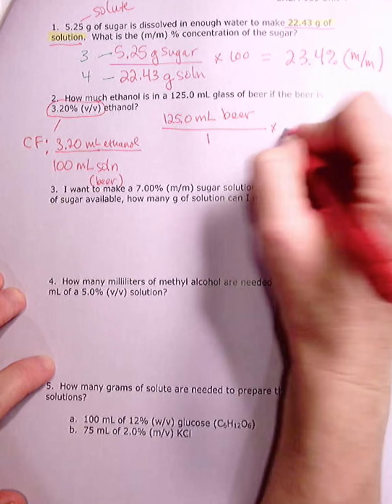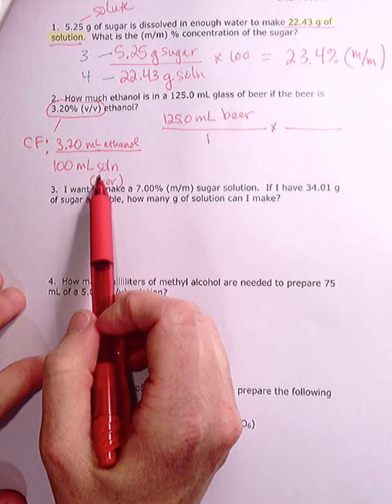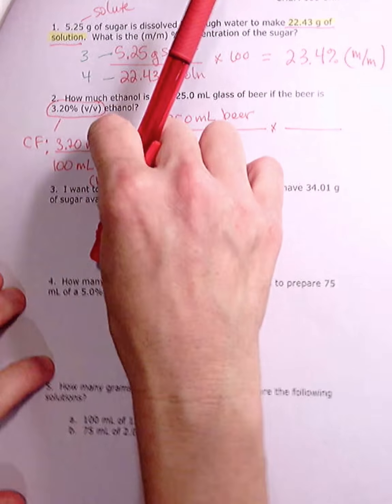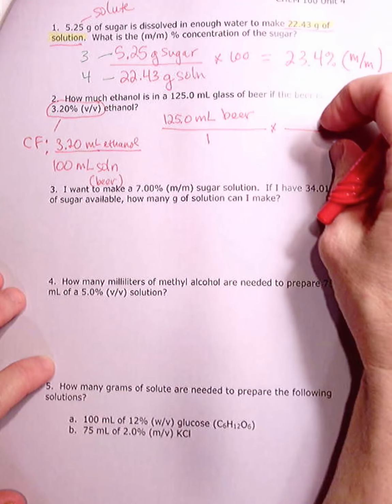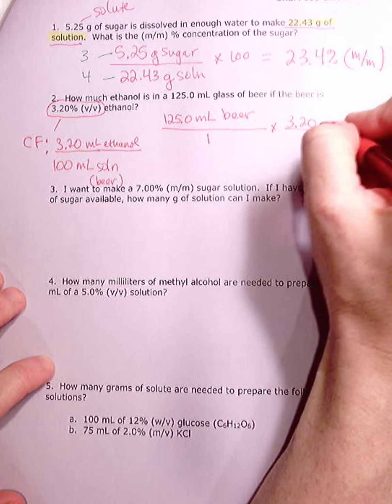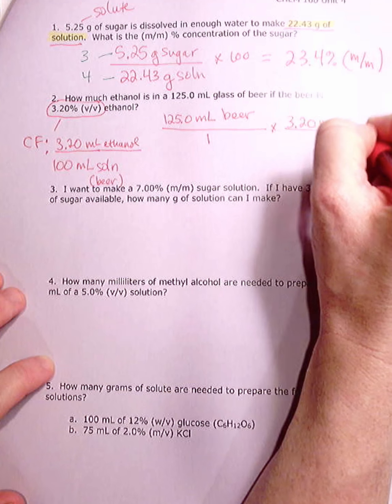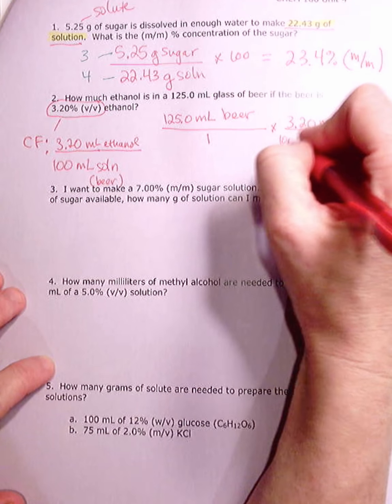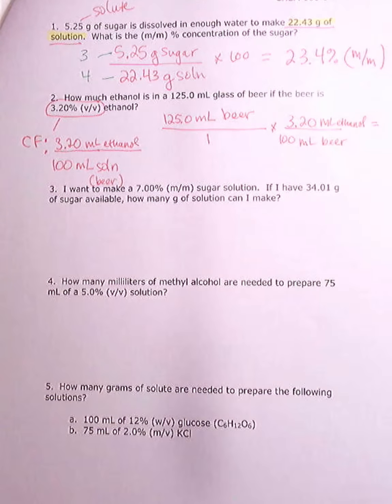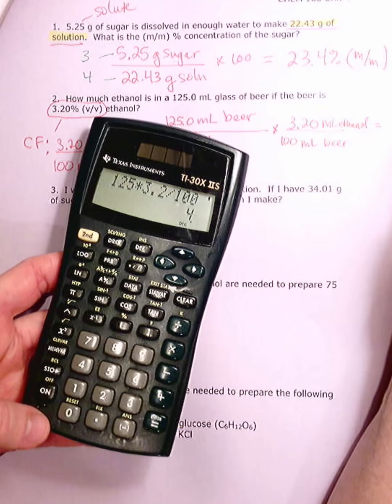Okay, that's my starting quantity. I put it over 1. Then I'm going to use my conversion factor. So I want the beer to cancel out. So I'm going to take this conversion factor and plug it in here. So then I get 3.20 milliliters of ethanol over 100 milliliters of beer. So 125 times 3.2 divided by 100, and I end up with 4.